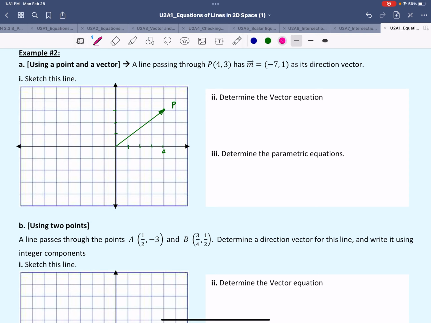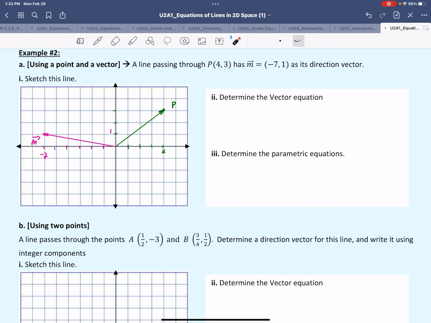So let's draw the direction vector. That's -7 and 1. So the direction vector will go this way around, m. In order to draw the line, we have to start from the head of vector P, right here, and draw a line that is parallel to vector m, something like this.